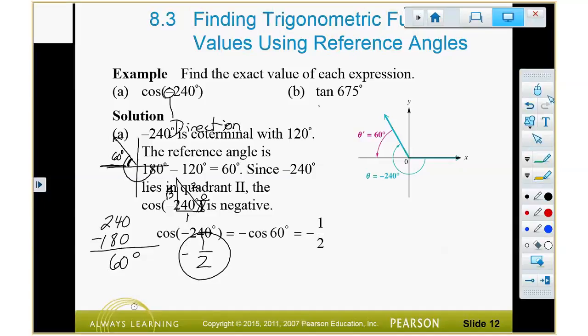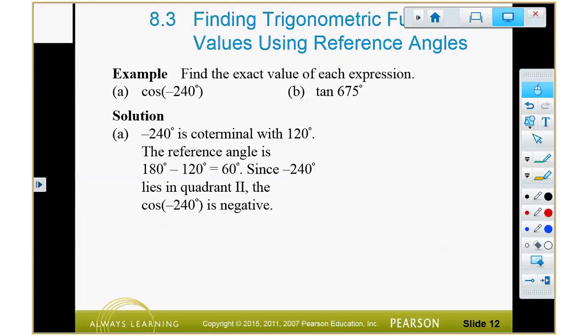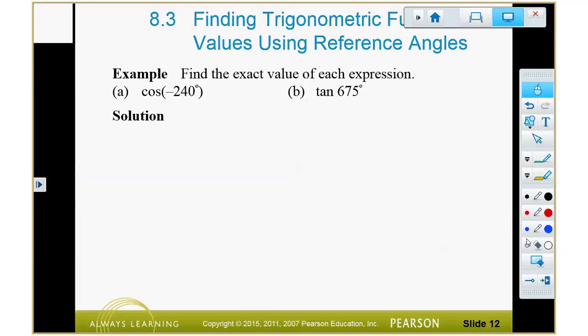All right, now do you do 675 degrees? So what is 360 times 2? 720 degrees, Hubert.